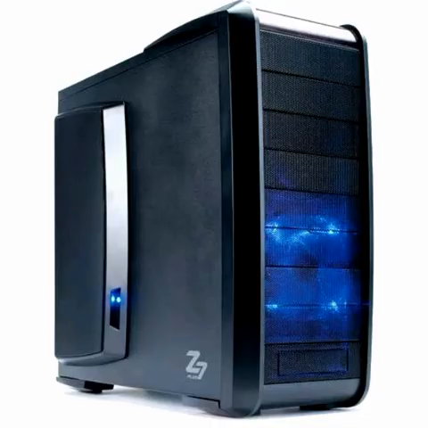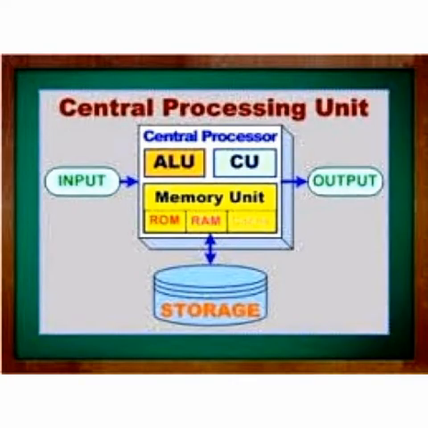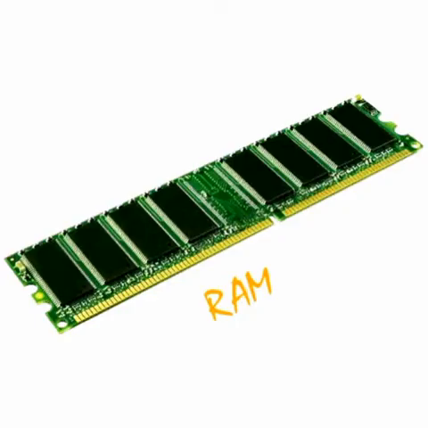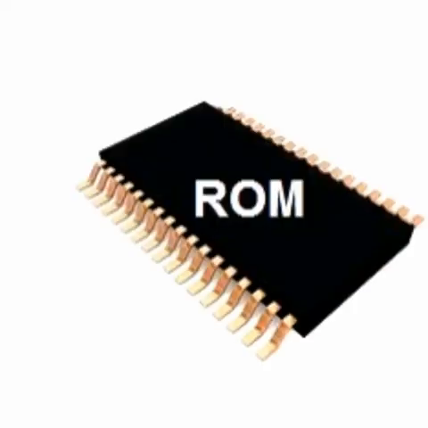Okay, so this is a CPU box which contains the motherboard, and you can see this is the central processing unit, ALU, CU, then memory unit, ROM, RAM, storage device. Okay, so this is RAM, random access memory, internal hardware, and this one is ROM, read-only memory.